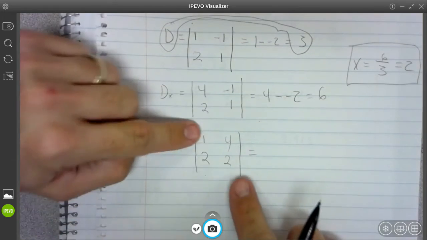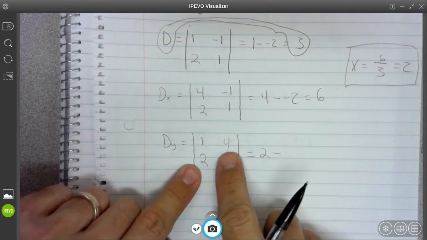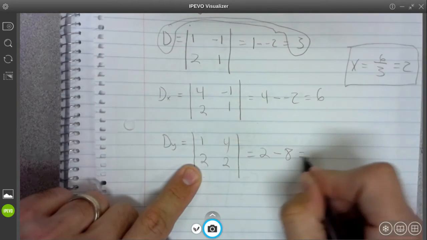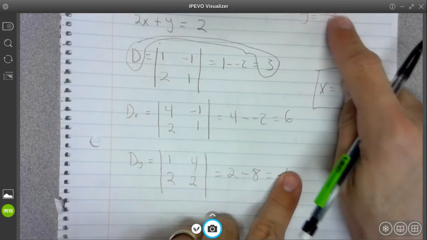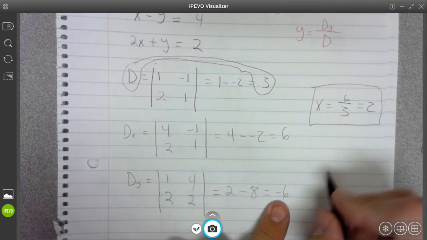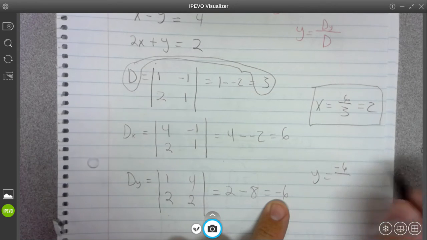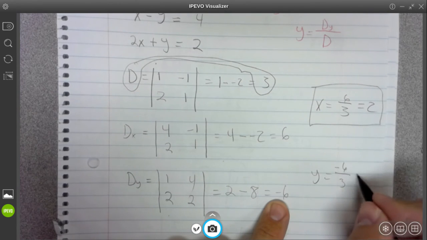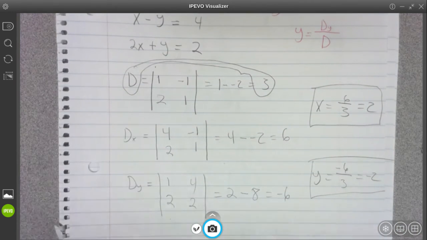All right, determinant is 1 times 2 minus 2 times 4, that's 8. So you get negative 6. Dy divided by D, so y equals Dy, which is negative 6, divided by D. That's negative 2. All right, and that's it.